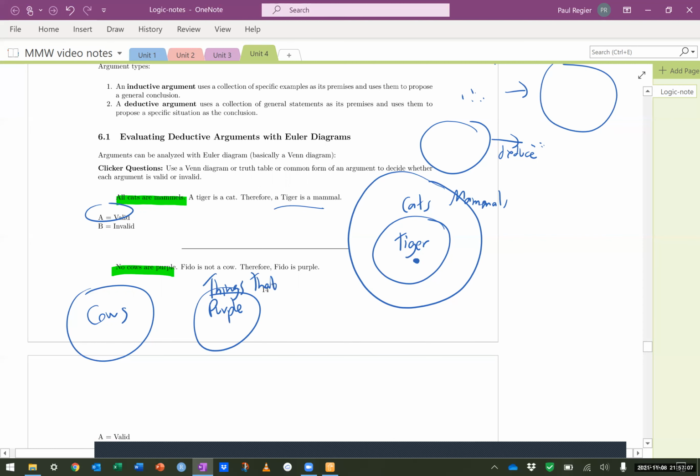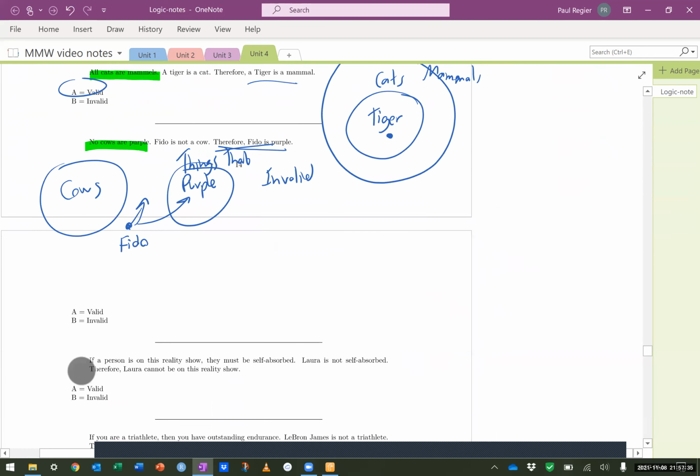This encompasses lots of things. But if I say Fido is out here, he's not a cow, therefore Fido is purple. That could be true. Maybe Fido's in the purple set, but maybe he's not. He could be outside the purple set. So this is invalid. You can see that Fido could be something else.